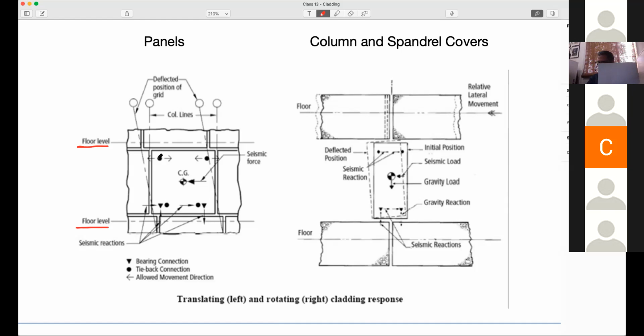So again, these are the tieback, and then the triangles would be the gravity connection points. So we've got a picture here.